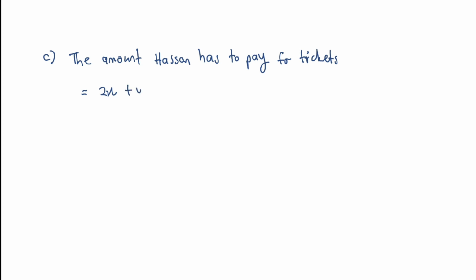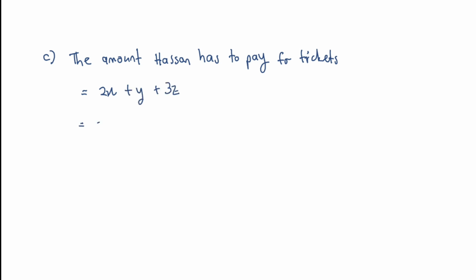This is just basic mathematics knowledge. So the amount Hassan has to pay for tickets is 2x plus y plus 3z.